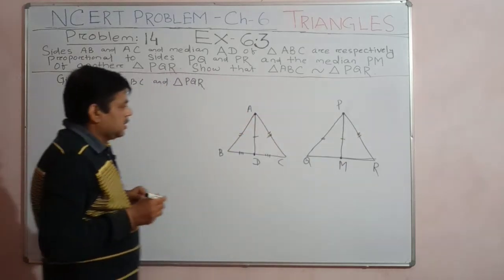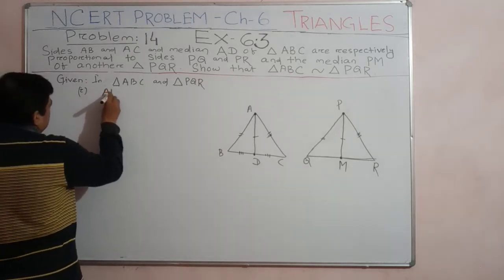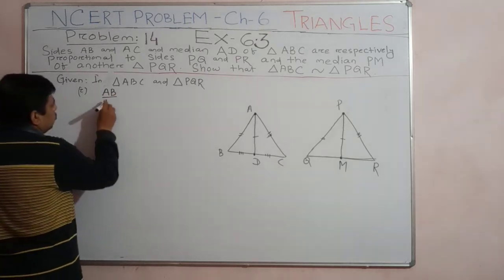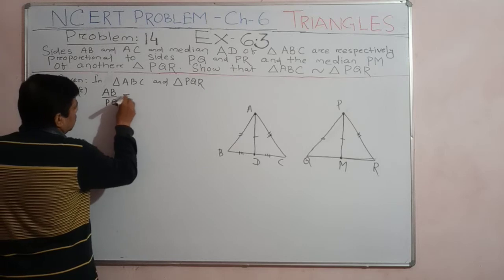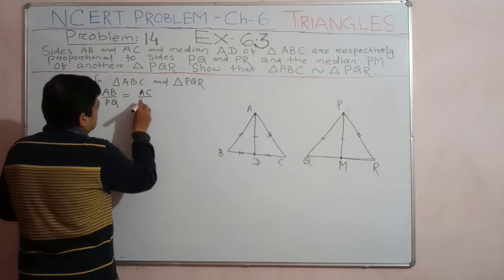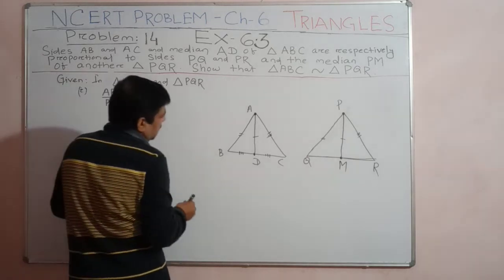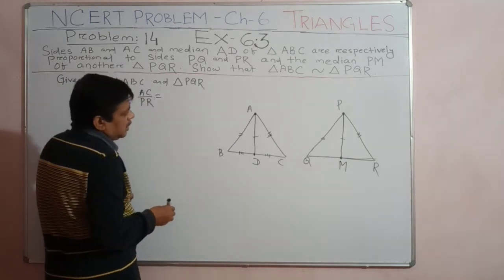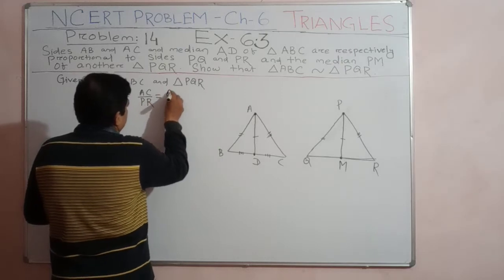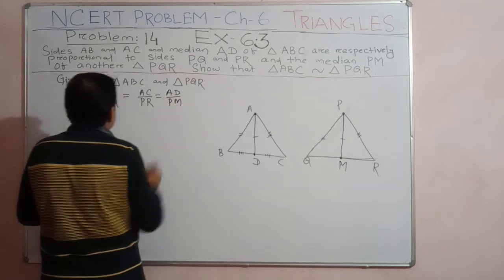So it is given that AB upon PQ is equal to AC upon PR, and AD upon PM. Okay, this is given.